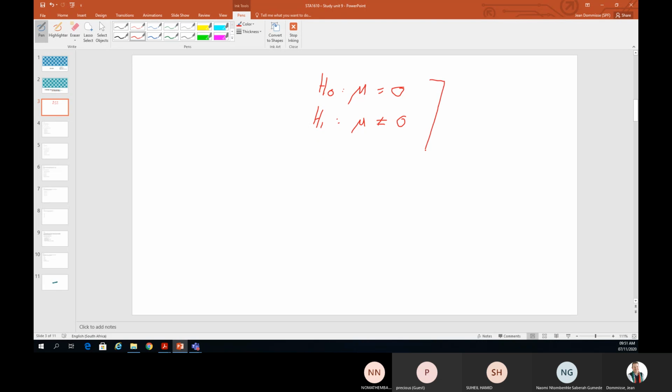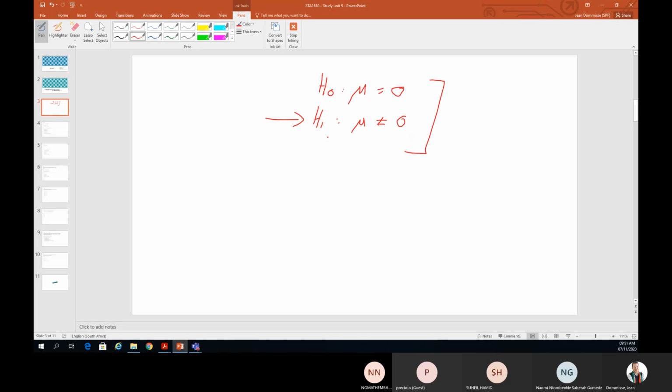To determine whether it is one tail or two tail, you need to look at the alternative hypothesis.